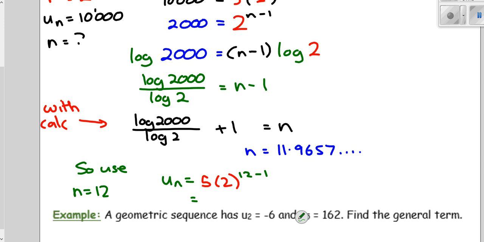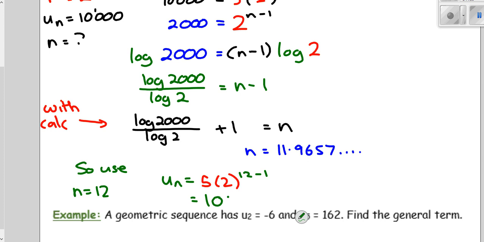If we get a number that's ridiculously above 10,000, we'd assume something is wrong. So we get something nice. I got 10,240. That sounds good.